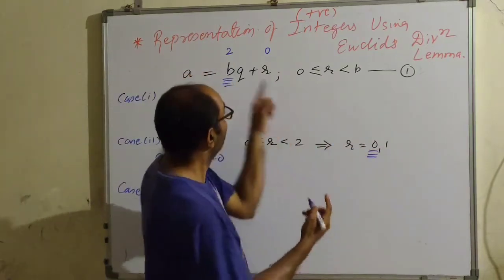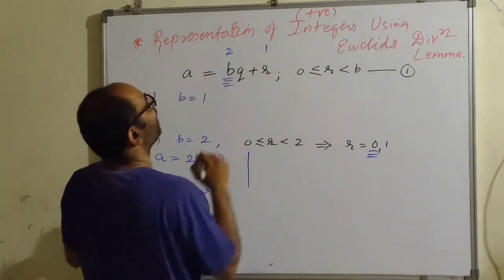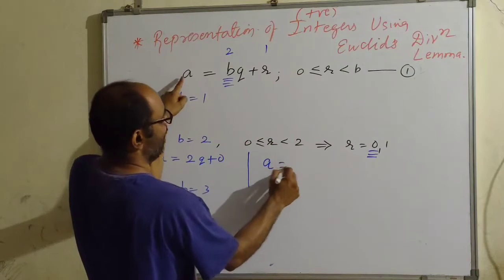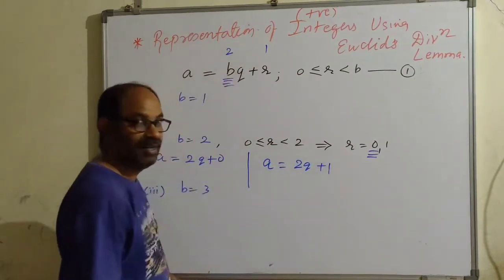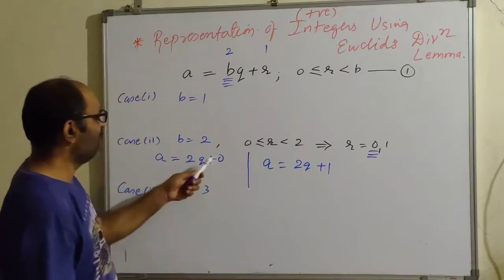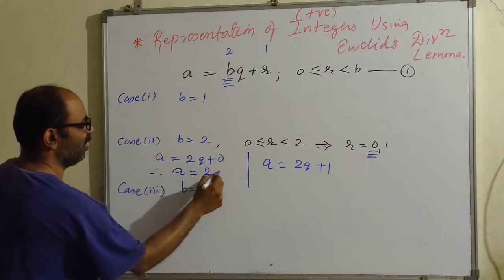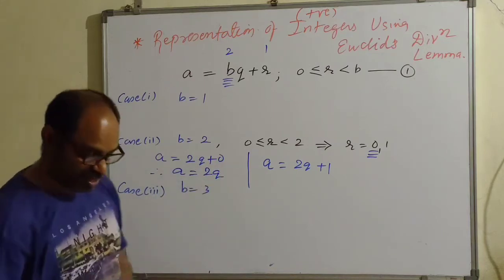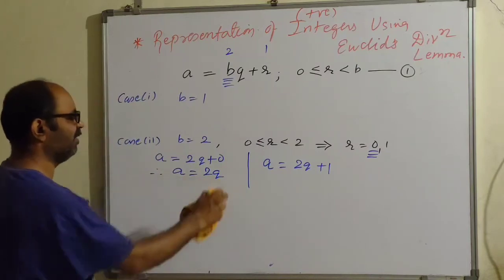Or you can take, once again, B equal to 2, but this time you take R equal to 1. So what is the equation? A is equal to 2Q plus 1. Correct? Plus 0, if you don't write, then also it will do: A is equal to 2Q. I'm going to erase this. I'll do that later. Right?